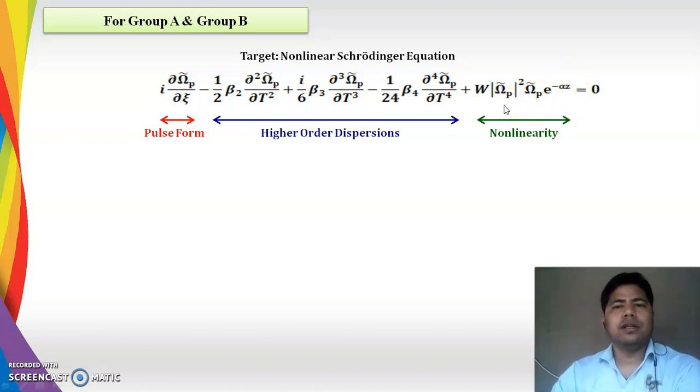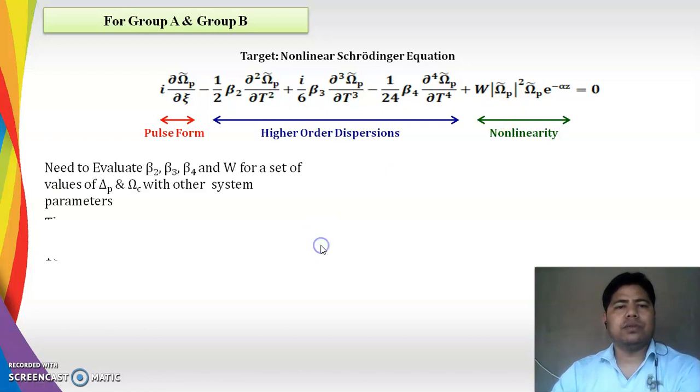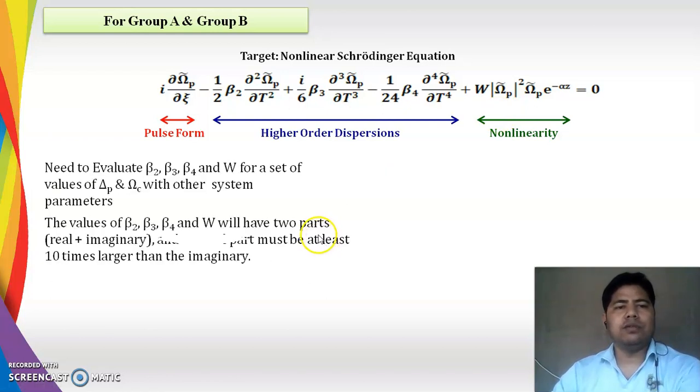Next, we need to evaluate beta 2, beta 3 and beta 4. These are the second order, third order and fourth order dispersion terms appearing in the nonlinear Schrodinger equation. You can see in the higher order dispersion terms that beta 2, beta 3 and beta 4 are appearing.